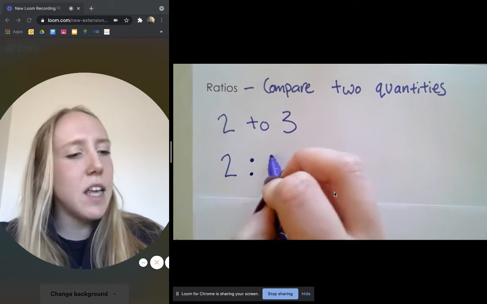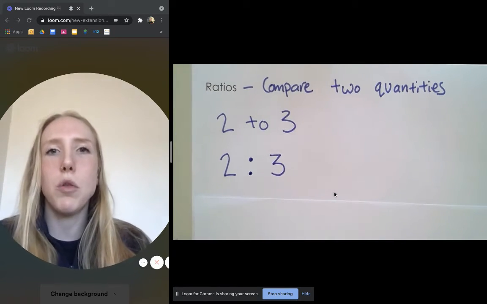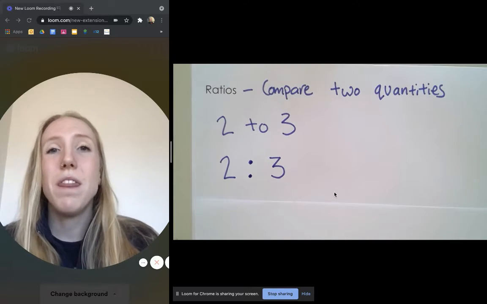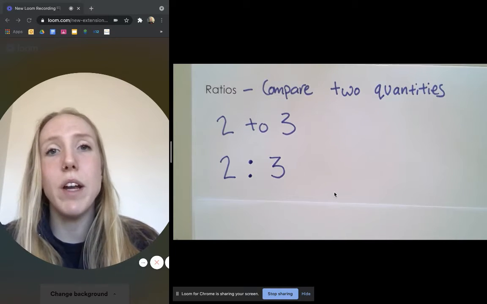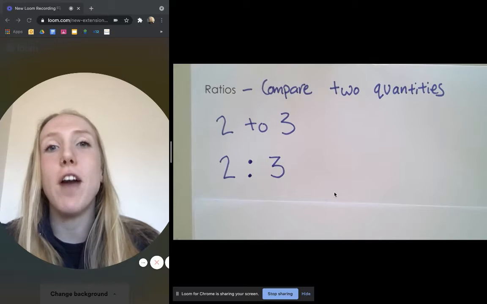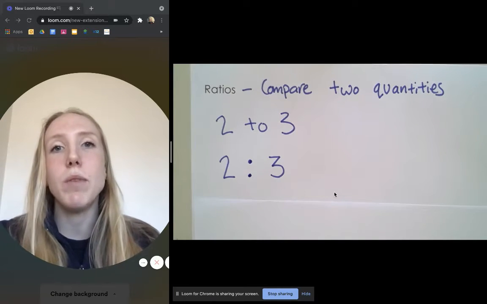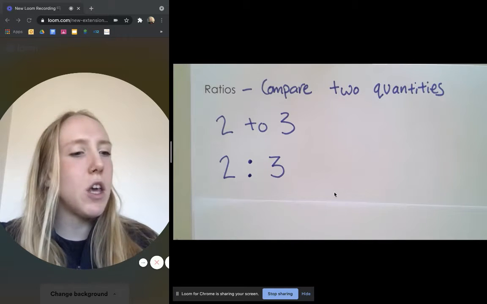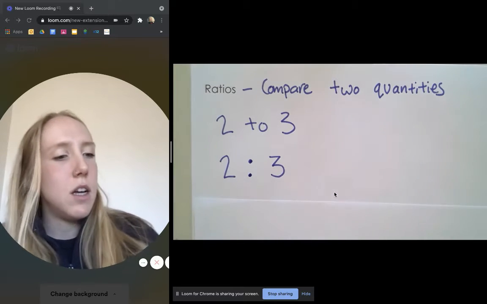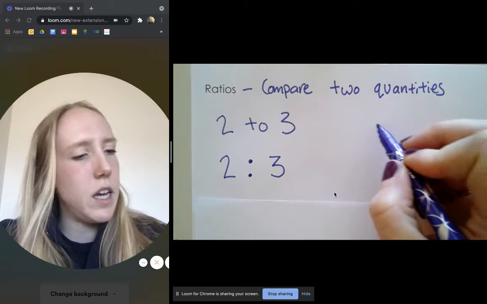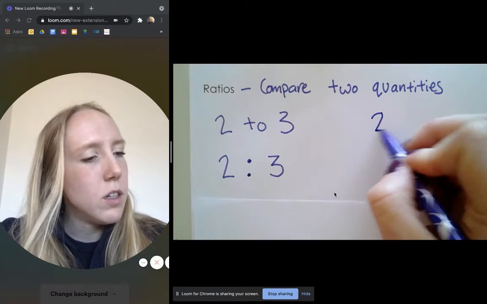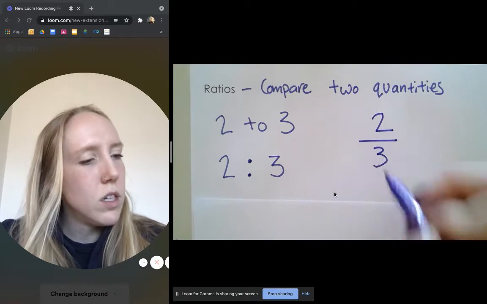And you read it the same way, 2 to 3. The other way to write a ratio is as a fraction, and that's probably going to be our most helpful way to write ratios. But we're going to use all three of these throughout our lesson today.